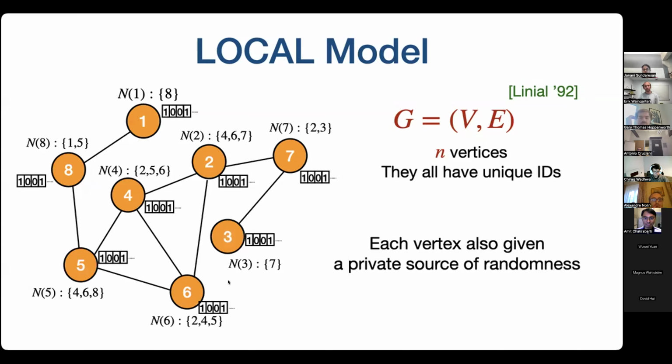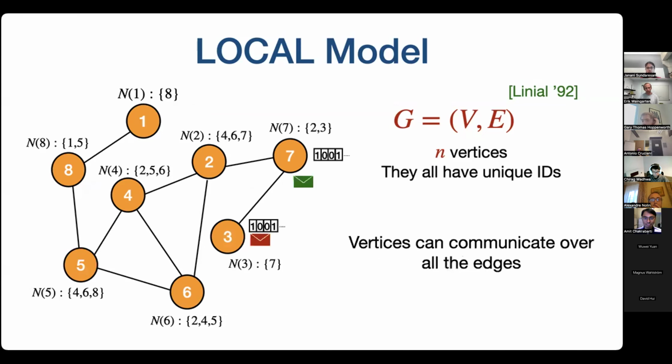In addition, they are also going to be given a source of random bits that only they can see, that is private to them. So they have their list of neighbors and this random source, and then they can do whatever they want with it. What they are actually allowed to do to talk to each other is to use the edges inside this graph as communication channels.